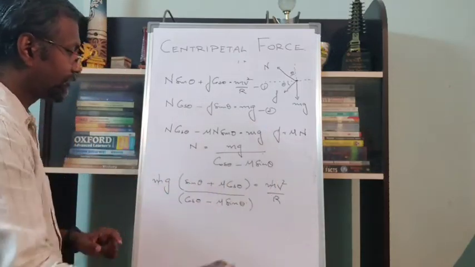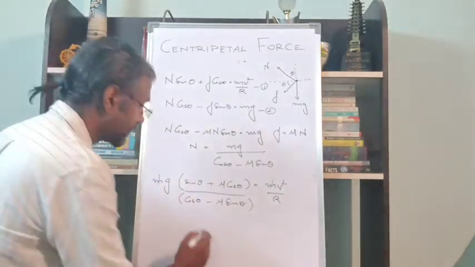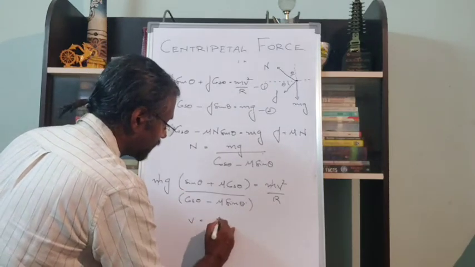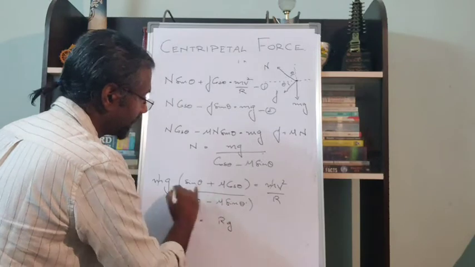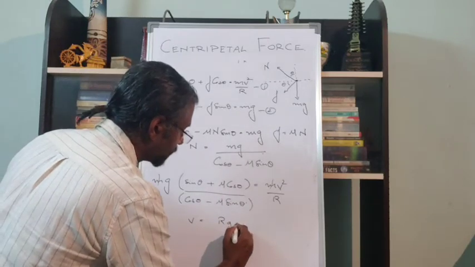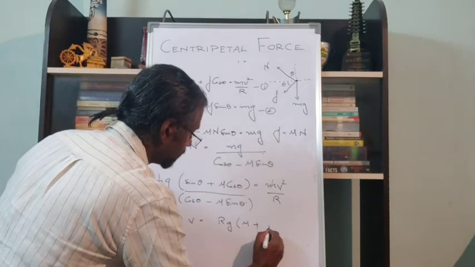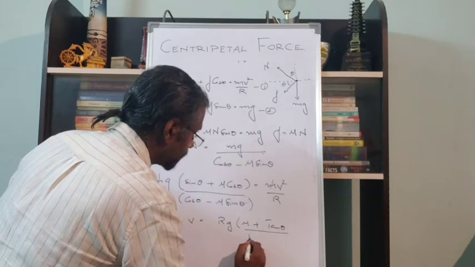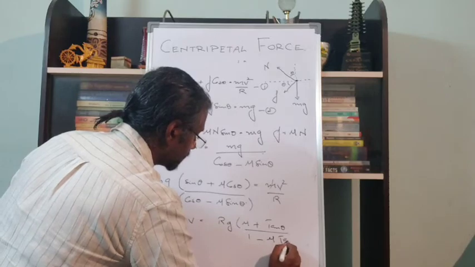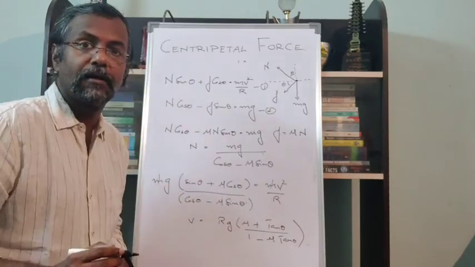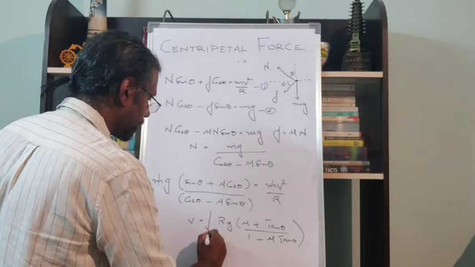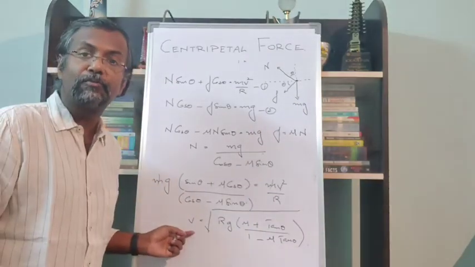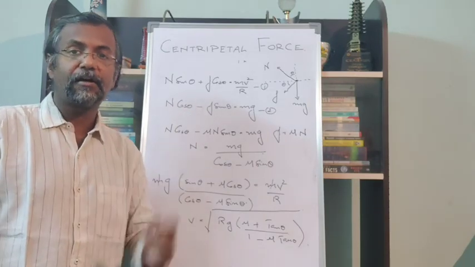Cancels. I'm going to rearrange it and find v, and what I'm going to get finally is v is equal to root of r g, and dividing by cos theta, mu plus tan theta divided by 1 minus mu tan theta. The whole root would be the value of speed. So this would be the maximum speed with which the car can take the curve.